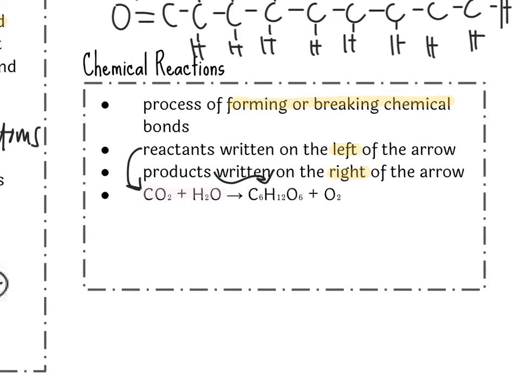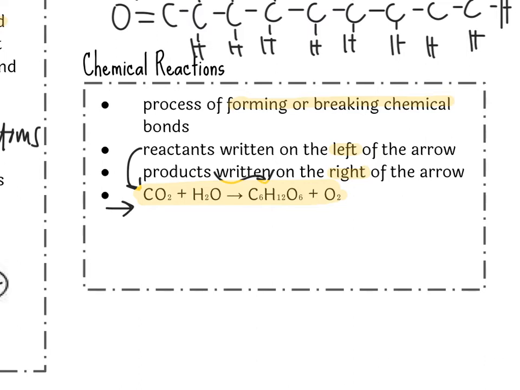You should also be writing this formula right here, which is one that I am sure you have seen before. So go ahead and write it, and then I'll talk about it. Chemical reactions or formulas are always read left to right.